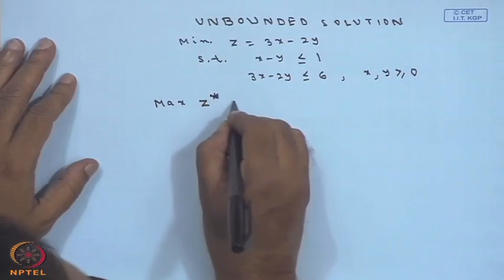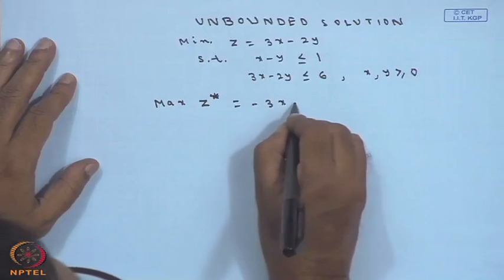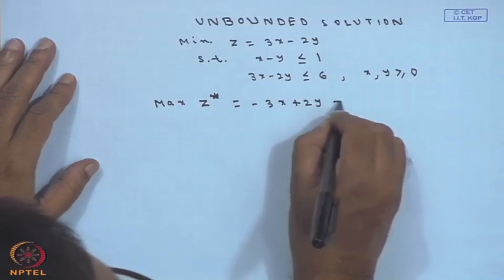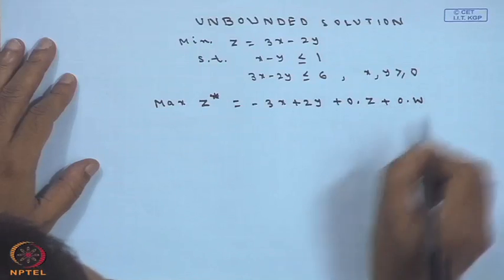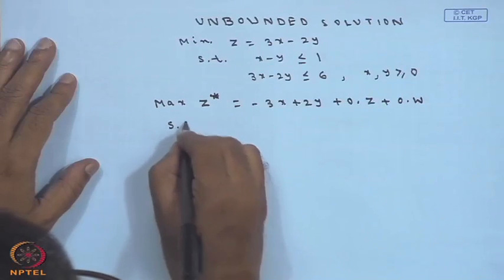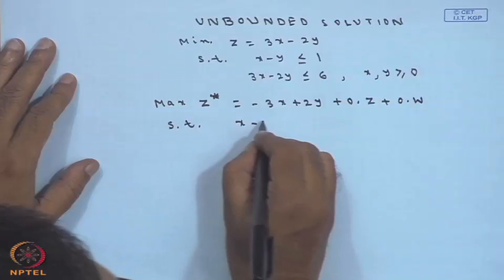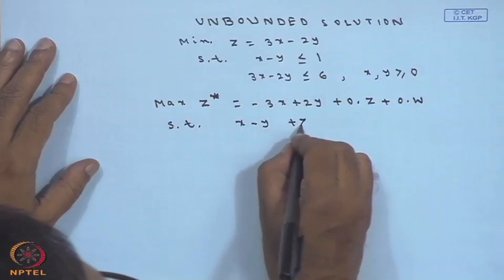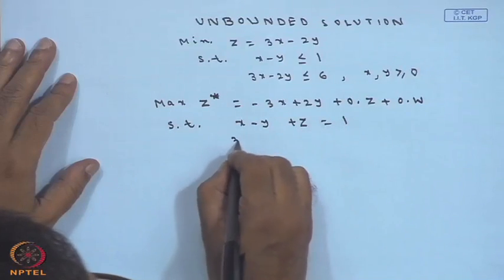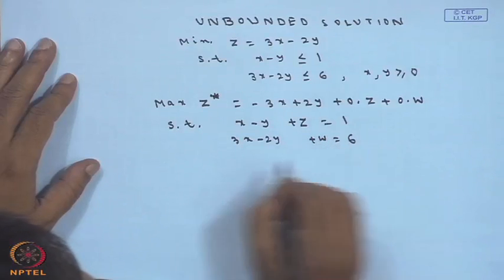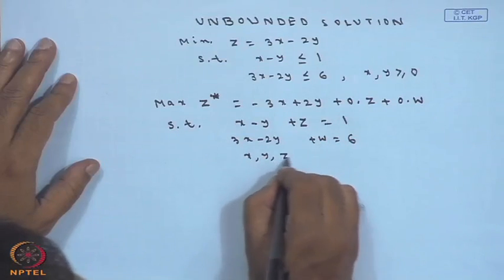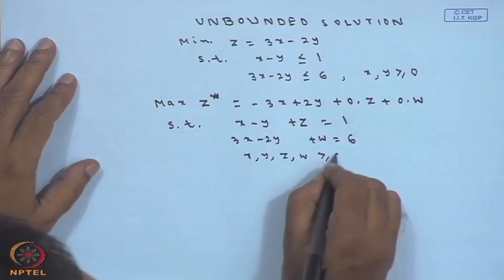It was a minimization problem, minus 3x plus 2y, and 2 slack variables you have to incorporate, z and w, subject to x minus y plus z equals 1, 3x minus 2y plus w equals 6, and x, y, z and w greater than or equal to 0.